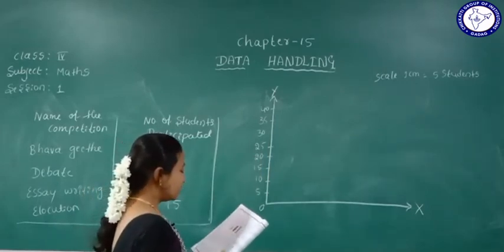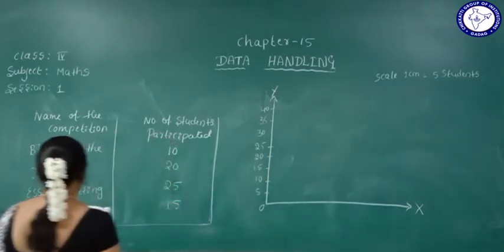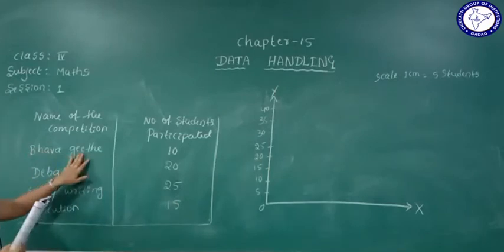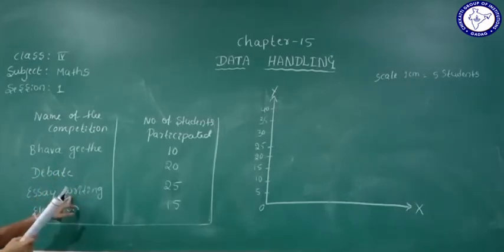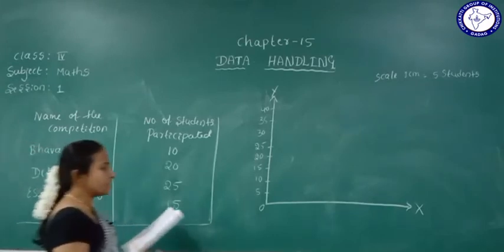Here, as initials, we will write BG for Bhavagite, DC for debate competition, EW for essay writing, and the elocution as well.